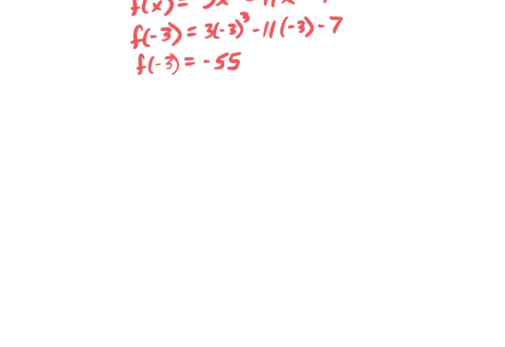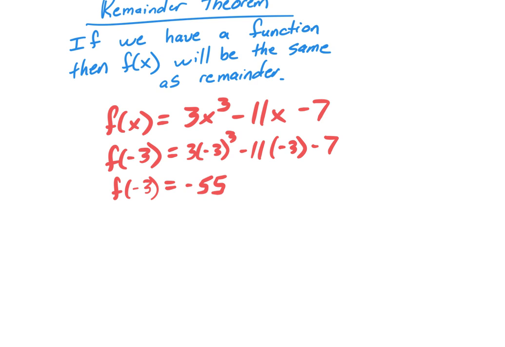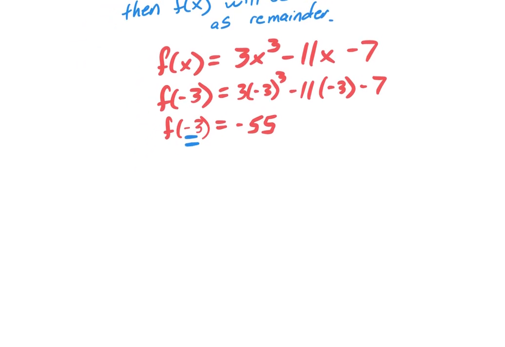And we call it the remainder theorem because we're going to take the number that we're trying to evaluate, which is negative 3. And that's the number we're going to do in the box. We're not going to do the opposite in this case because it doesn't say x minus 3. It's just negative 3. They're giving me the actual value. So that's the number that we're going to try to evaluate.